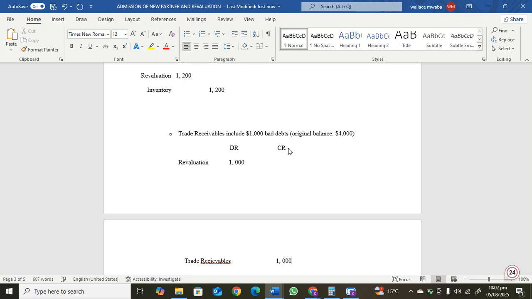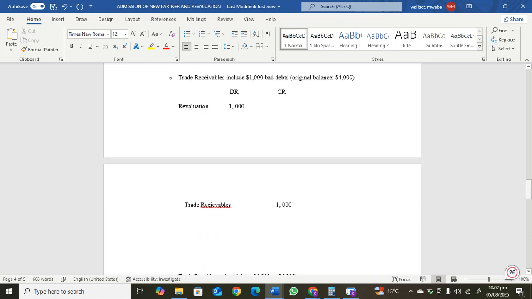Any questions before we move to the next one? Yes, we ignore the 4,000 because we know that this 4,000 is reducing by 1,000. So if you see even a provision for doubtful debts, you also treat it the same like here. Provision for doubtful debts is just your estimation of people who might not pay. Some might pay, but it's just an estimation.